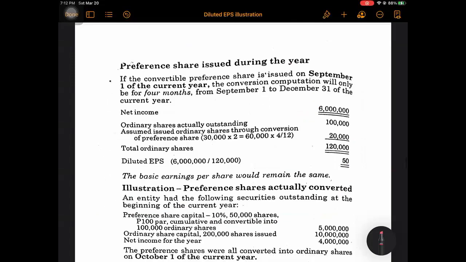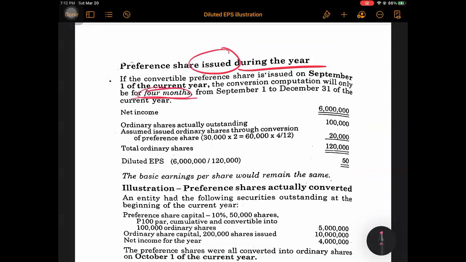Okay, second scenario: what if the preference share was issued during the year? If the convertible preference share is issued on September 1 of the current year, the conversion computation will only be for 4 months.